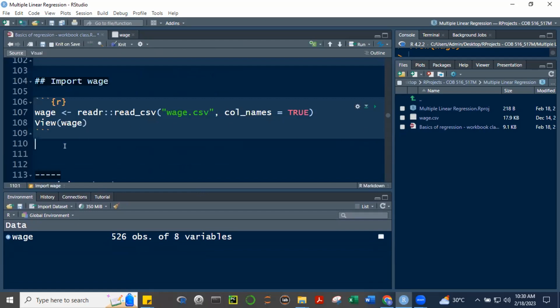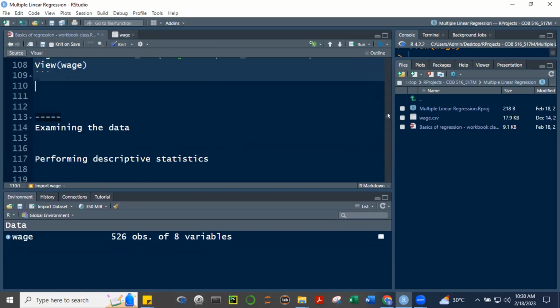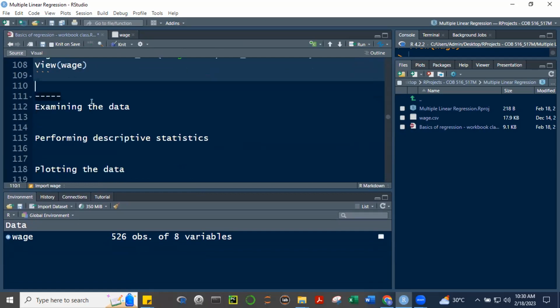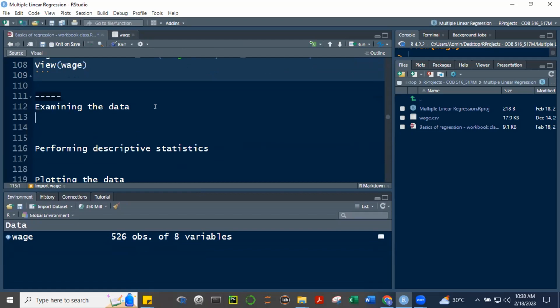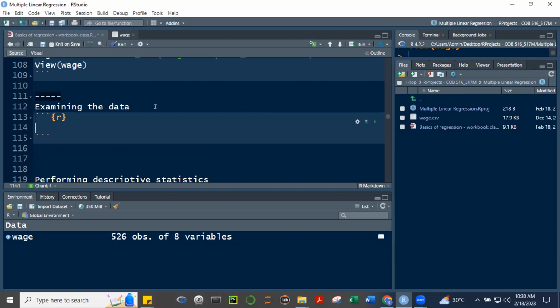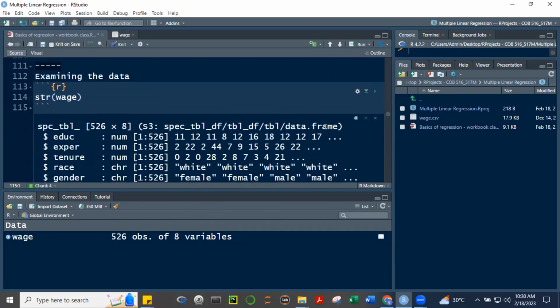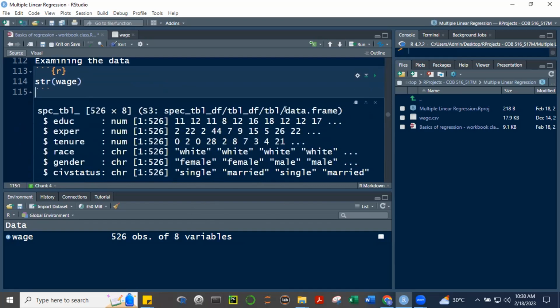Right, of course, let's take a look also. Before you do anything, examine muna natin data natin. So how can we examine? Control Alt I. We can make use of str, the structure, di ba? Okay, so yung data natin, it's a data frame. You know what a data frame is, di ba? Rectangular siya.